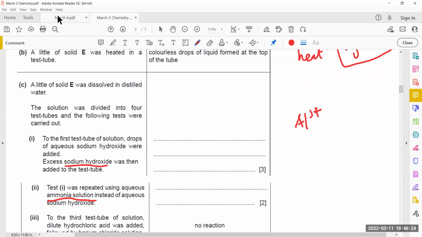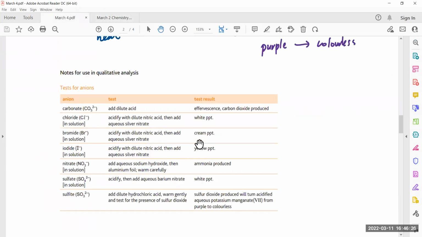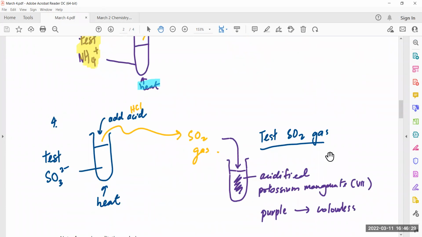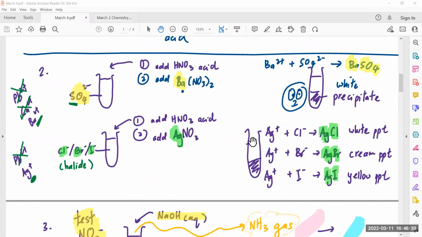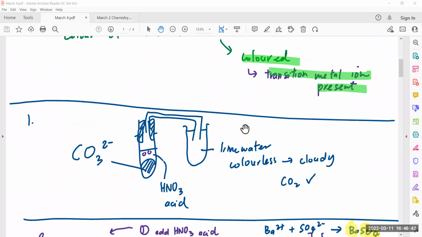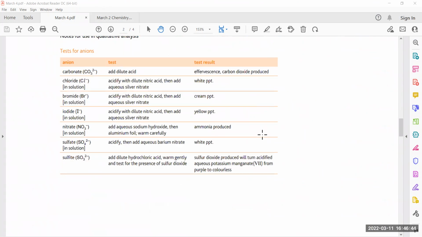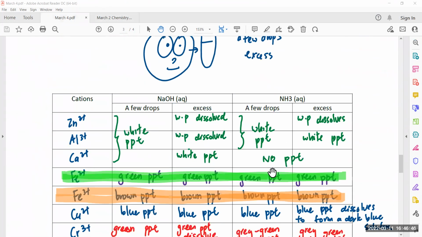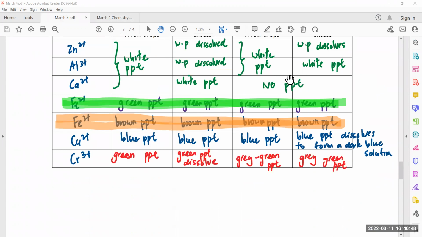Okay, so you look back at the list I gave you. Even if you don't like the notes I wrote for you, you have this list here.